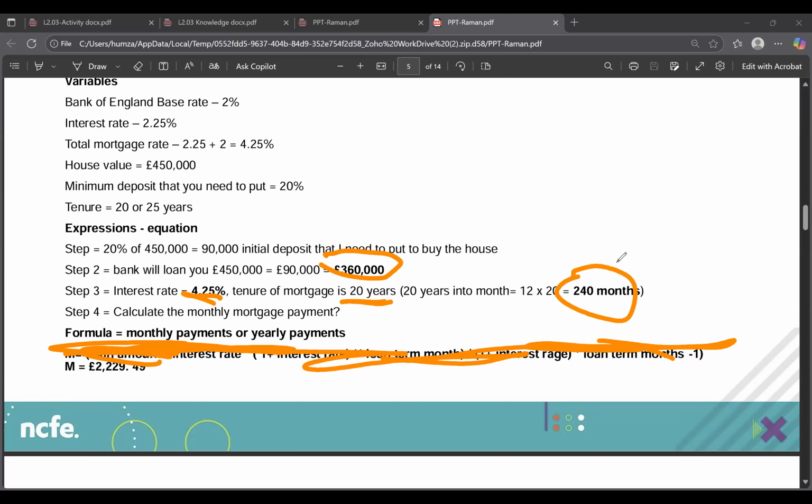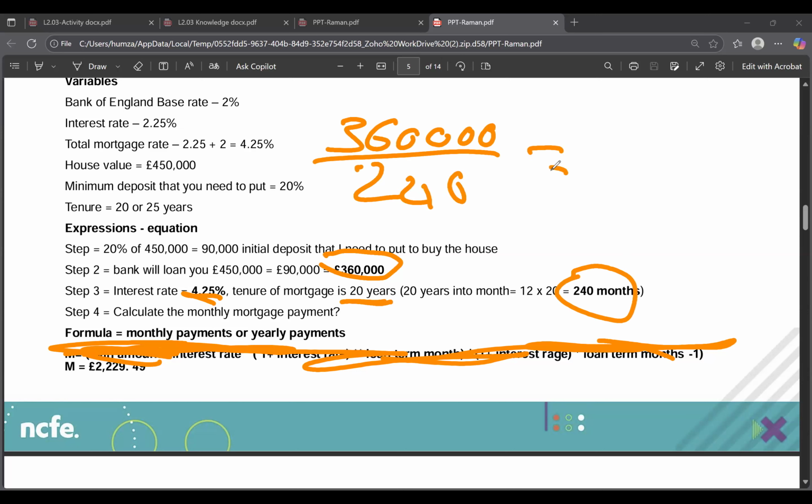So now let's do it. 360,000. If we add the interest, I mean, if we check what the monthly is, divided by 240 months, it equals 360,000.